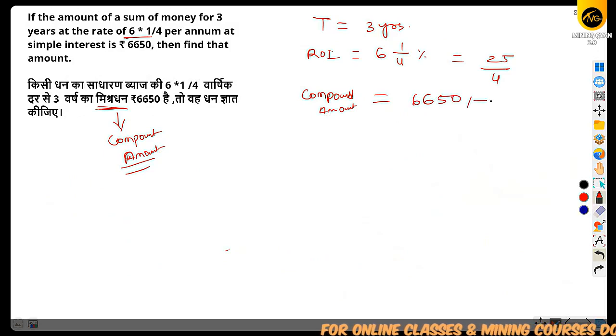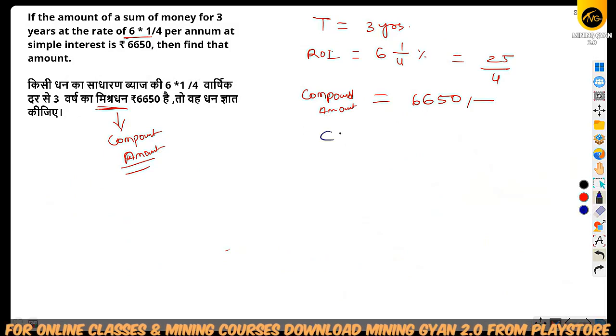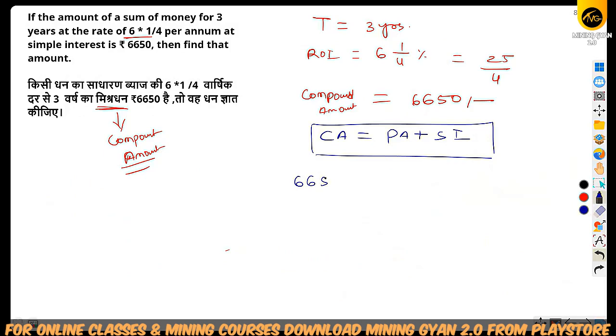Okay, so compound amount is 6,650 rupees. Now what is the formula to find out the compound amount? The compound amount is equal to principal amount plus simple interest, right? In this case we already have the compound amount, that is 6,650 rupees. And what is the principal amount?